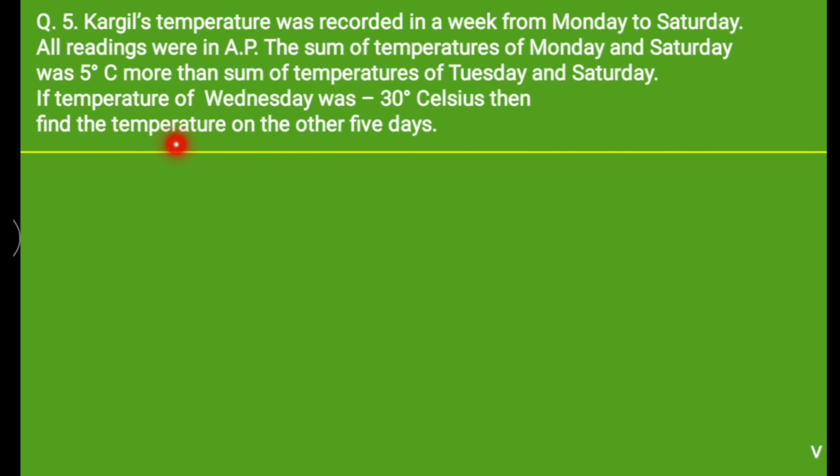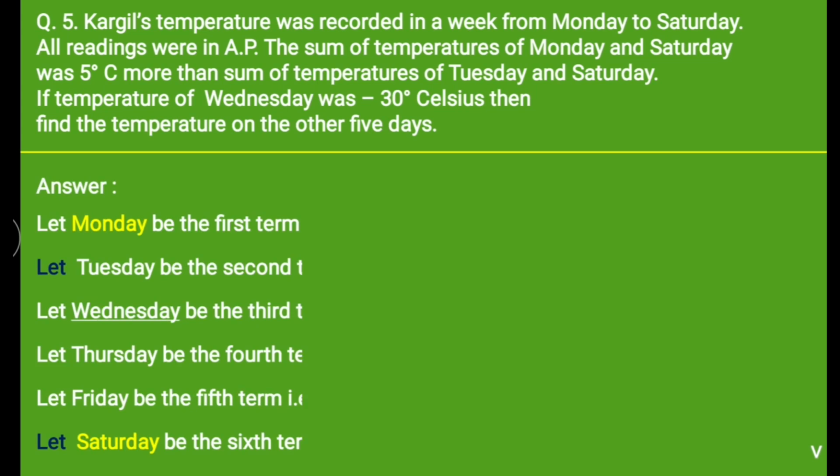So here, the Wednesday temperature is given, which is minus 30 degrees Celsius. So we write the days as terms. Let Monday be the first term, that is a equals T1. Let Tuesday be the second term, T2.